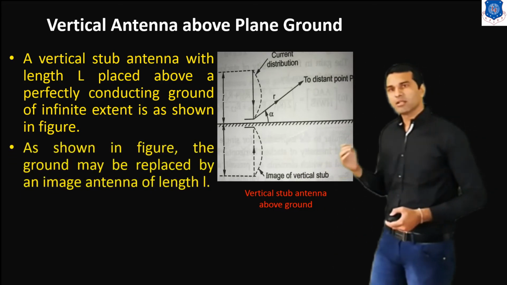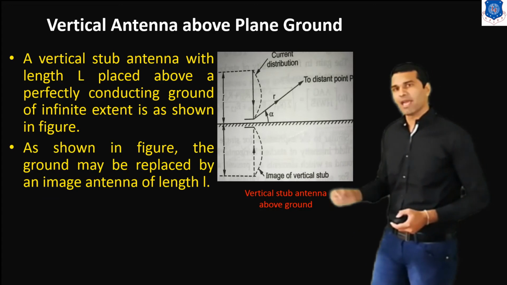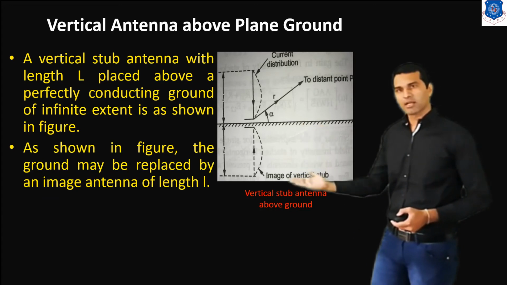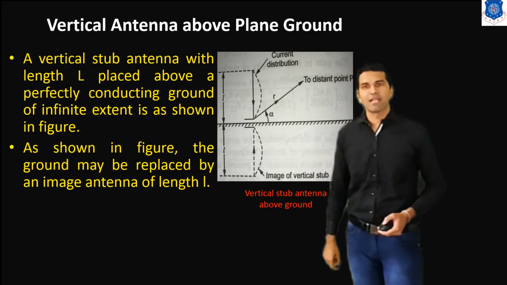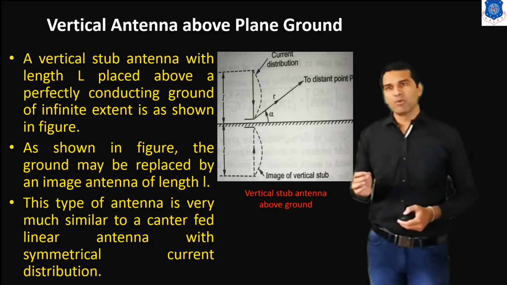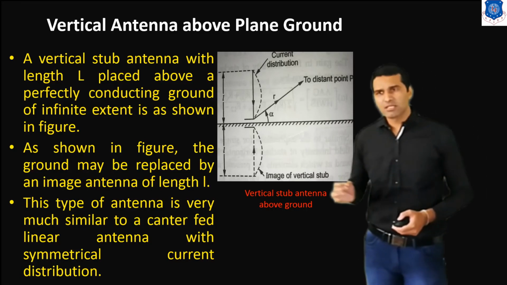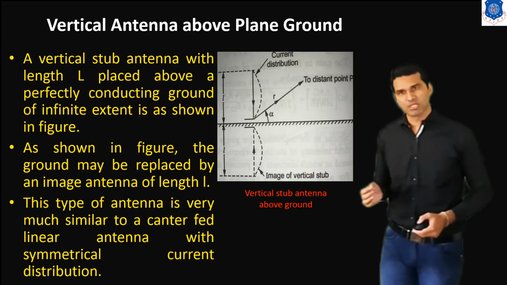As shown in the figure, the ground may be replaced by an image antenna of length L. So here the ground we have replaced with the image of the antenna with length L. This type of antenna is very similar to the center-fed linear antenna with a symmetrical current distribution.